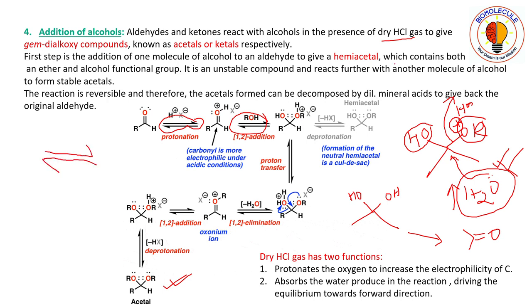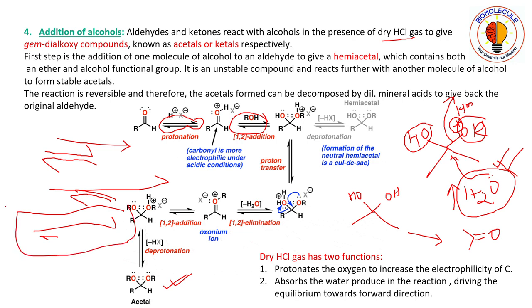What dry HCl does is drive this equilibrium towards the forward direction, so the forward reaction is more and the backward reaction is less. This is the work of HCl.